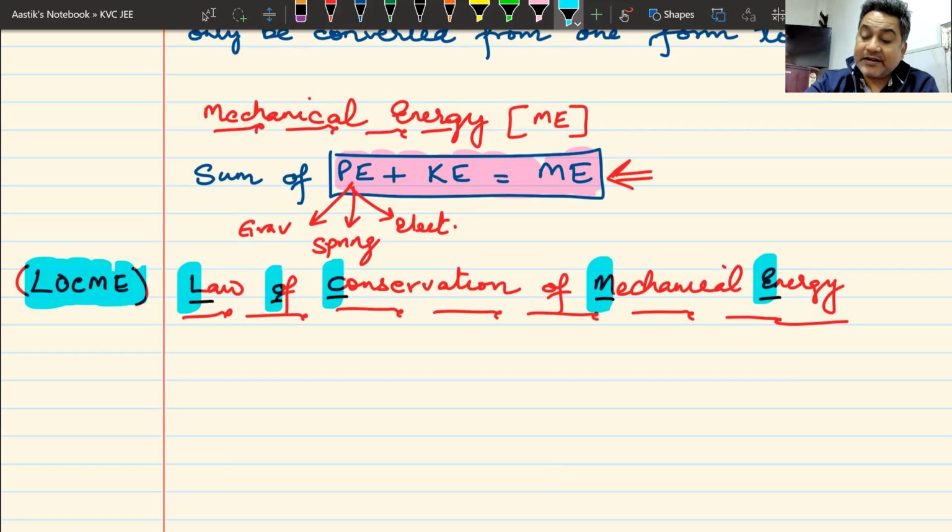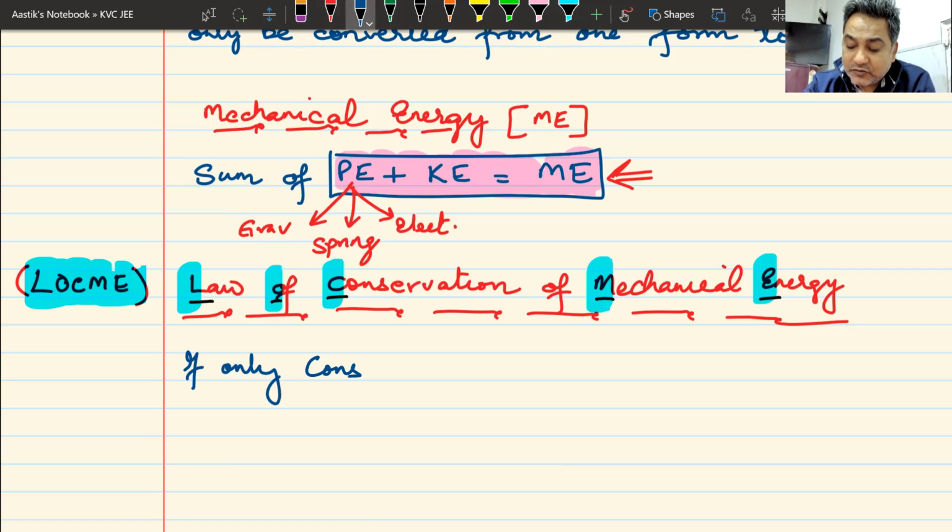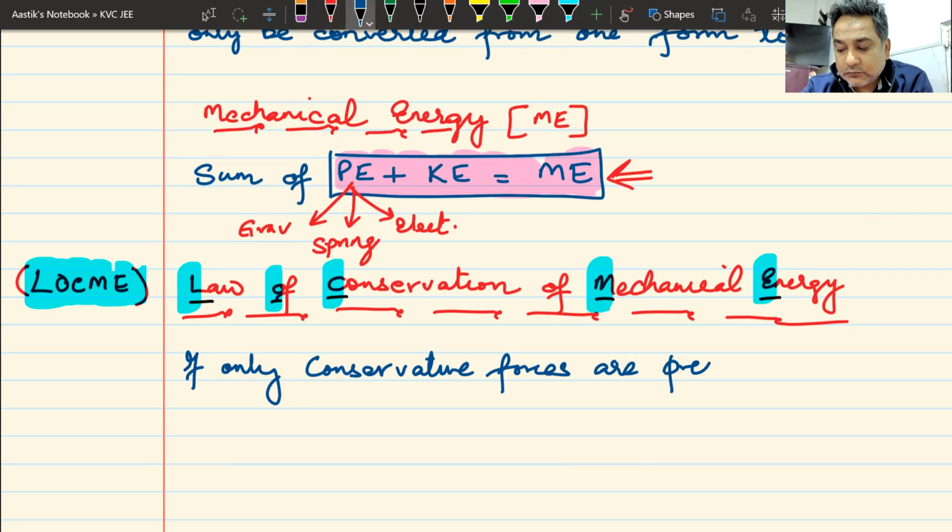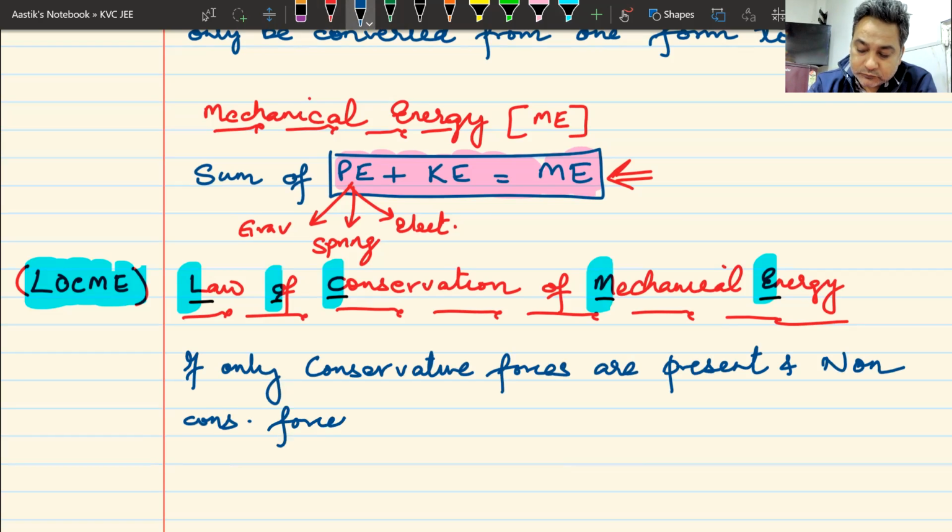Law of conservation of mechanical energy. You must remember, it's a condition here: if only conservative forces are present, and non-conservative forces are absent.